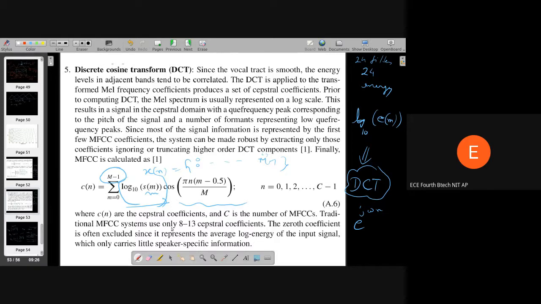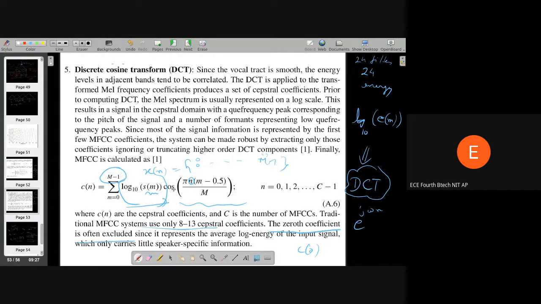So traditionally only 10 to 15 coefficients are generally used, and the 0th coefficient is often excluded. Why? If you put 0 here, C of 0, so m becomes 0, and cos 0 is 1.